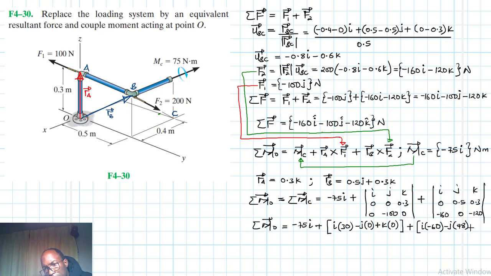This minus this, then plus K. What is K? K is 0, then minus 0.5, that's 80. Okay.